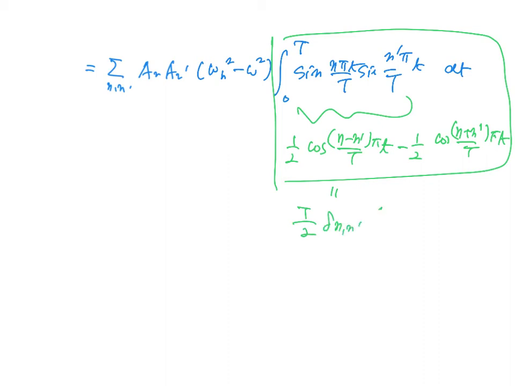You can check it at home as homework. So it becomes T over 2 times omega n square minus omega square times an square.